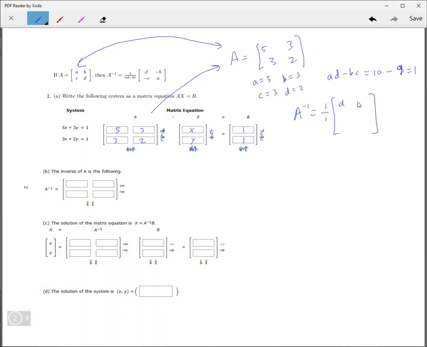So D, negative B, negative C, A. But we know that D is 2, so that's a 2 there. B is 3, so that's negative 3. C is 3, so that's negative 3 also. And then A is 5, so that's going to be 5. Okay. And because we have just a 1 right here, that doesn't have to distribute in. This would be the inverse right here: 2, negative 3, negative 3, 5. Okay, so it goes there.